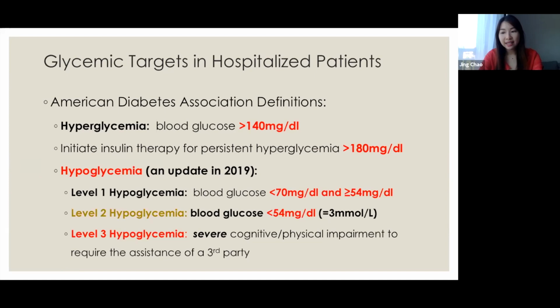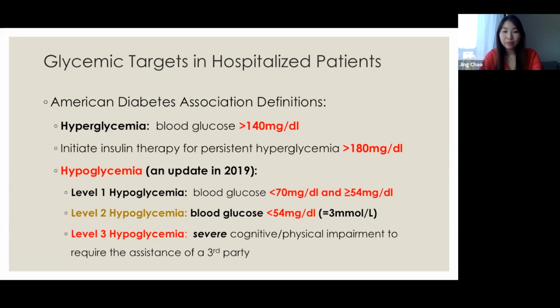Since 2019, the American Diabetes Association has redefined hypoglycemia in the inpatient setting with 3 levels of severity. Level 1 hypoglycemia is defined as having a blood glucose less than 70 and above 54. Level 2 hypoglycemia is having a blood glucose below 54.